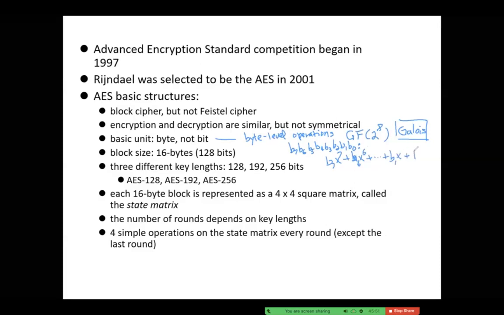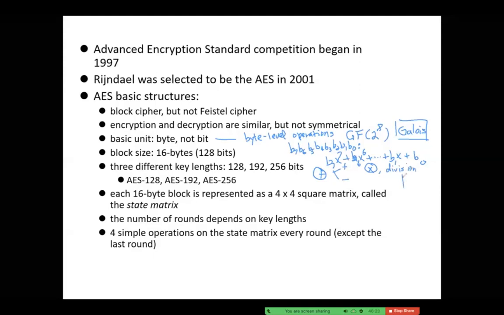And you can then define multiplication. You can then define addition. So addition is the same as exclusive OR, and subtraction is the same. Okay. And then you can define multiplication and inverse of multiplication. So this is division.